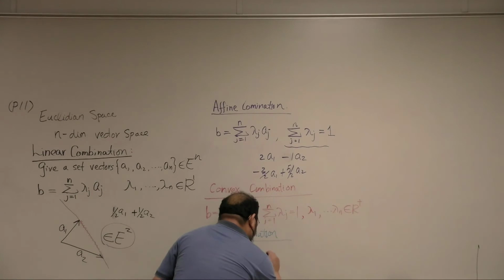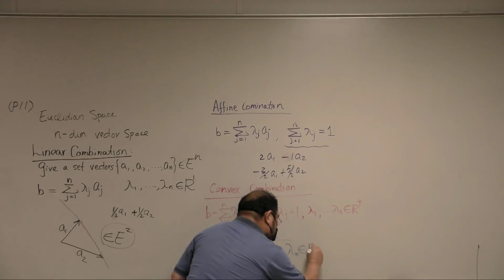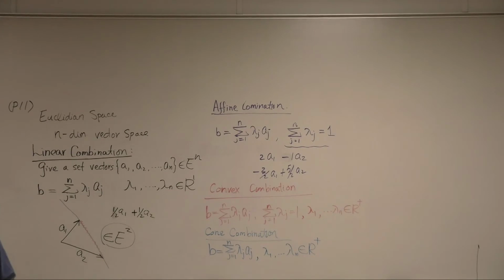The only restriction I'm going to have is lambda 1 all the way to lambda n belong to R plus. Okay. Now I relaxed some constraint. What happened here?